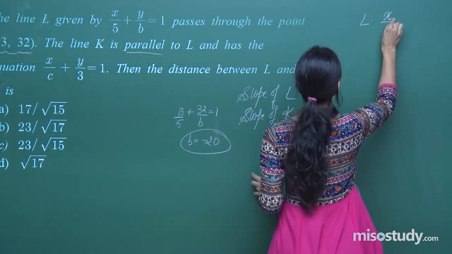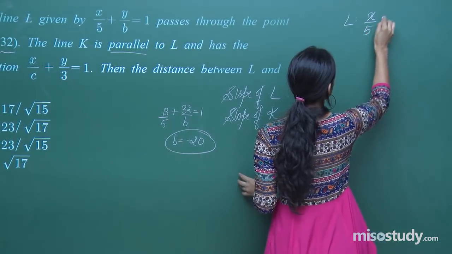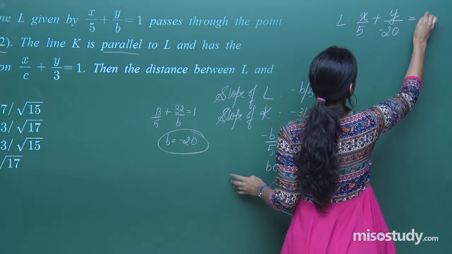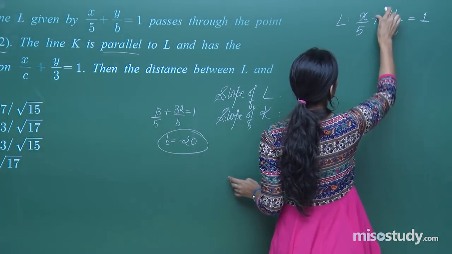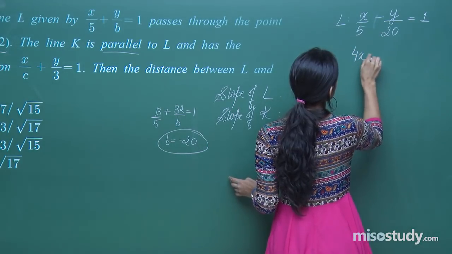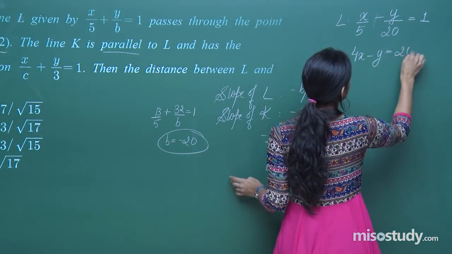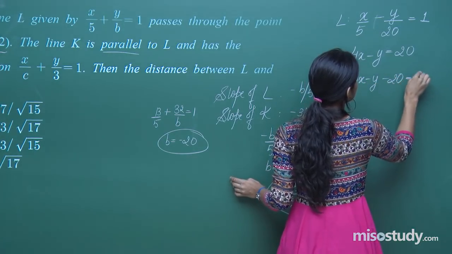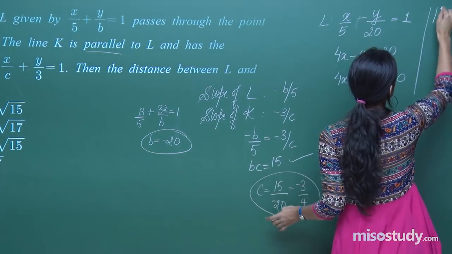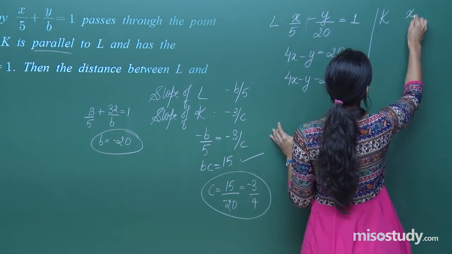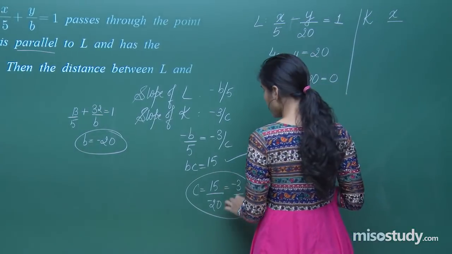L will be x upon 5 plus y upon b equals 1, which eventually gives you what? Let me make this minus. So you get 4x minus y equals 20. 4x minus y minus 20 is 0. And if I talk about the next line, that is k, it is x upon c. So x upon c, c is minus 3 by 4.